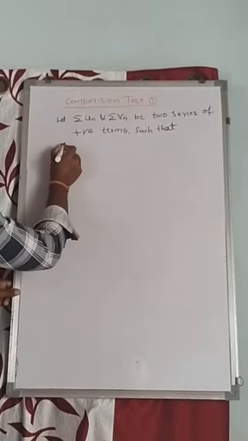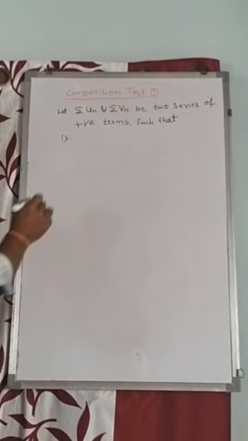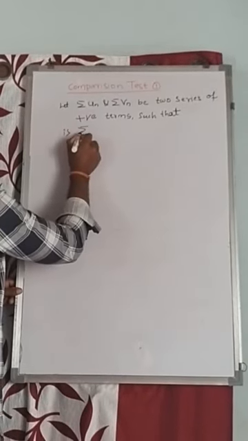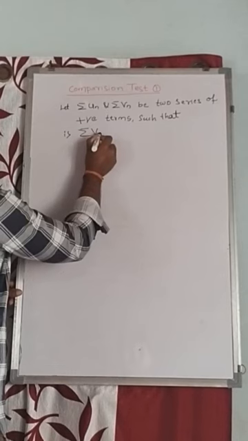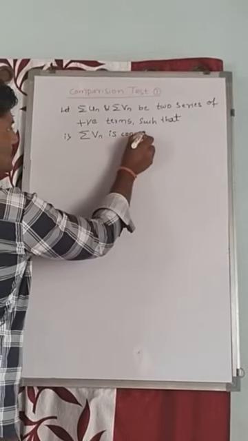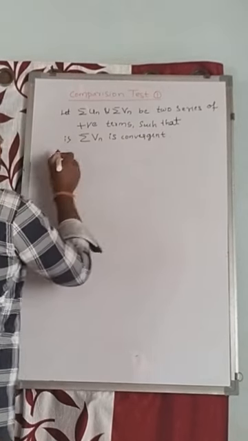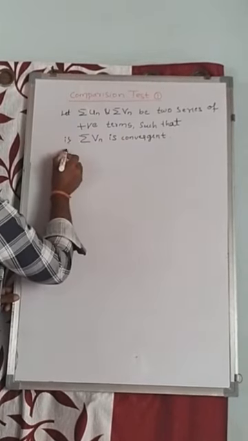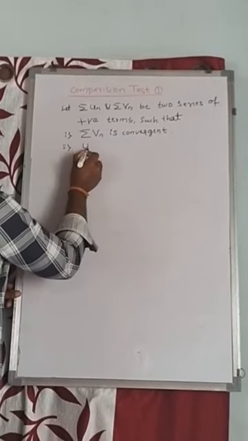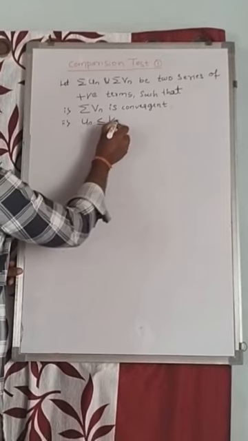First one, summation of vn is convergent. Second condition, un is less than or equal to k into vn.